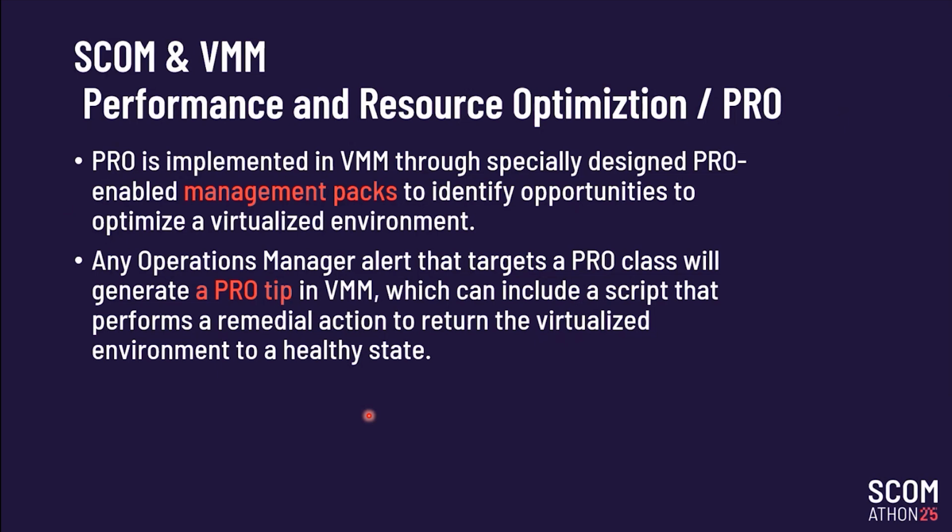Whenever there's an alert that targets a class enabled for so-called performance and resource optimization, for example disk usage, there's a PRO tip, basically a hint, which gives you suggestions for performance improvements. And in the end, you can also trigger a script to do remedial actions.